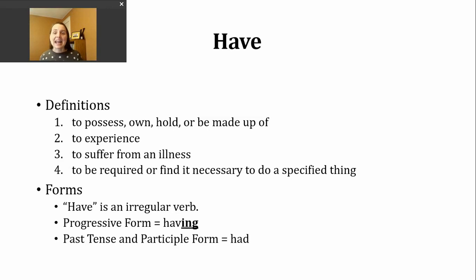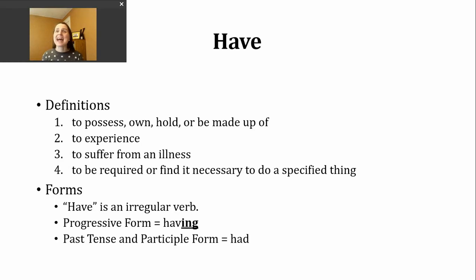No, I have to clean my room. And so have to, this is the be required sort of meaning. What you're going to notice with this particular definition or usage is after have or has or whatever verb tense you might be using here, you're going to see the infinitive right after it as well.